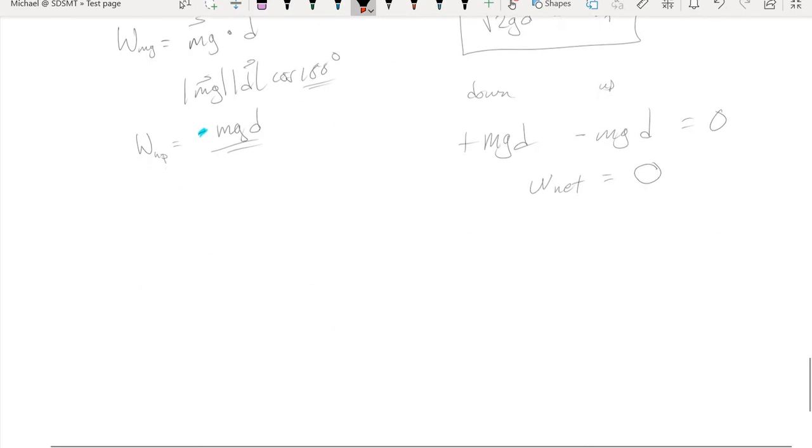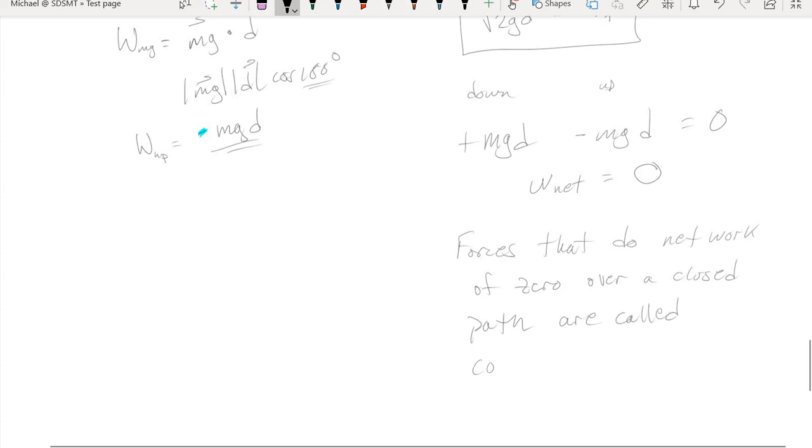And we have a term for forces like this. We say forces that do net work of 0 over a closed path are called conservative forces.